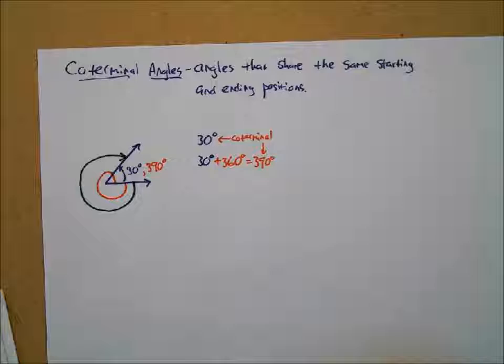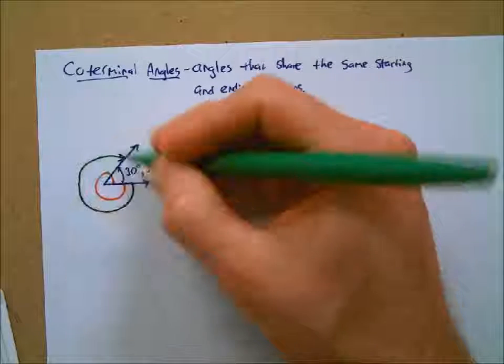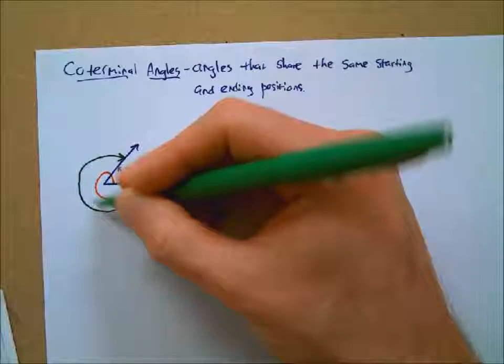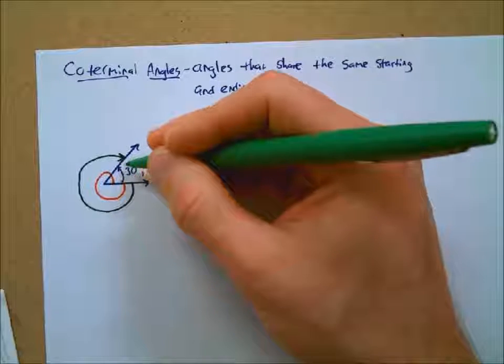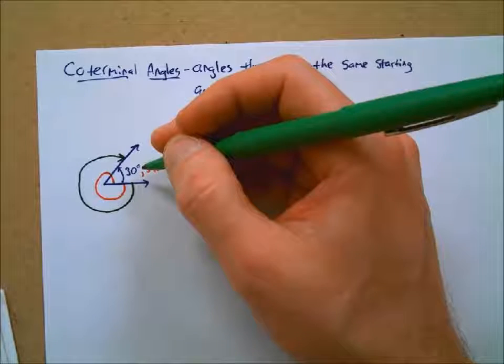Right, so one full rotation would get us right back to where we started, 360 degrees. But we're not going a full rotation, we're going 30 degrees short of a full rotation. So 360, take away that 30, and you're left with negative 330 degrees here.